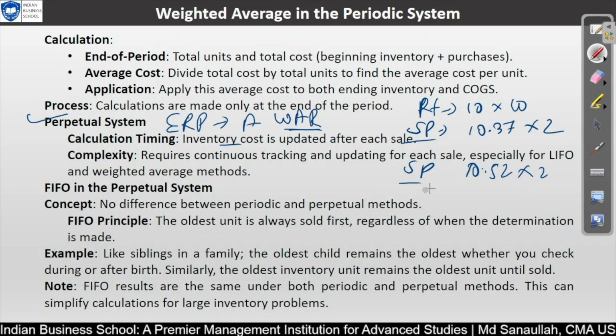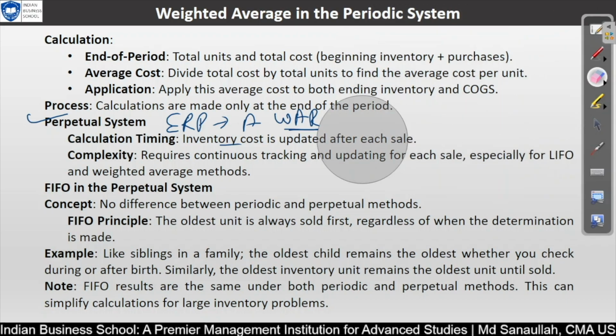So every time you are selling, the weighted average cost keeps increasing and decreasing based on the quantity. They divide the inventory value by the quantity, and whatever weighted average comes, that average cost is applied by the ERP system automatically. So this is how a perpetual inventory system works.